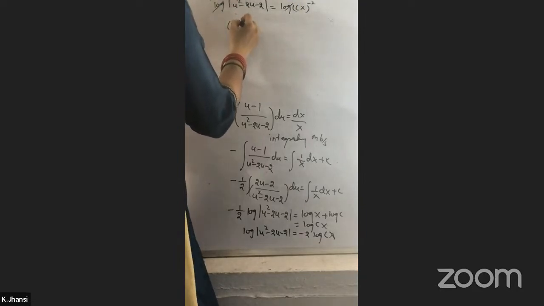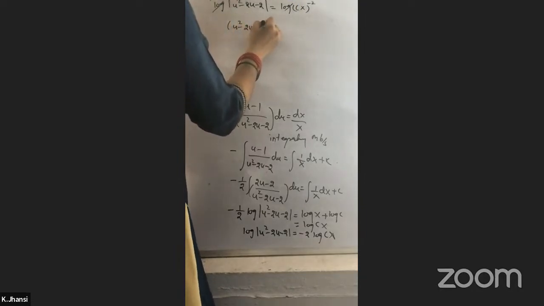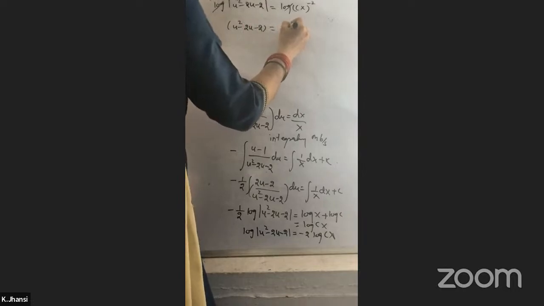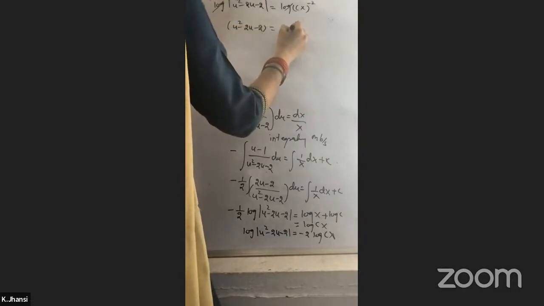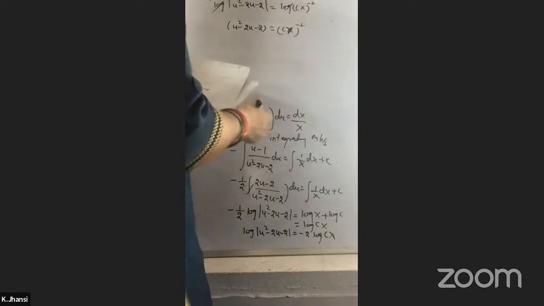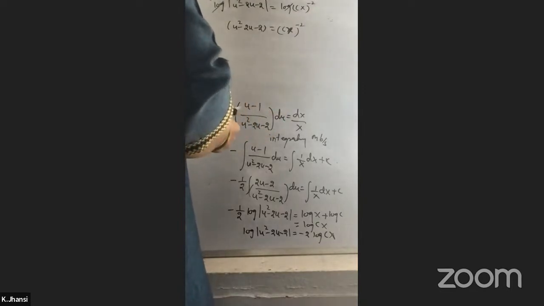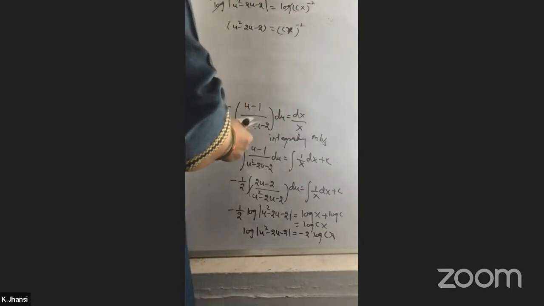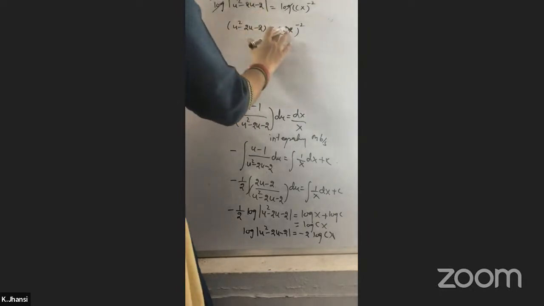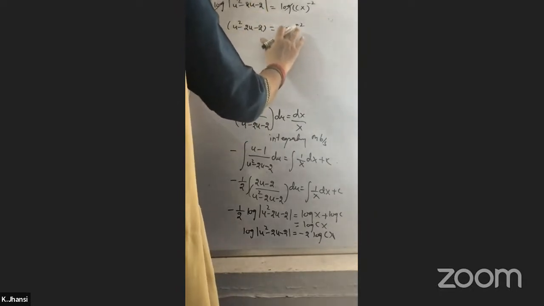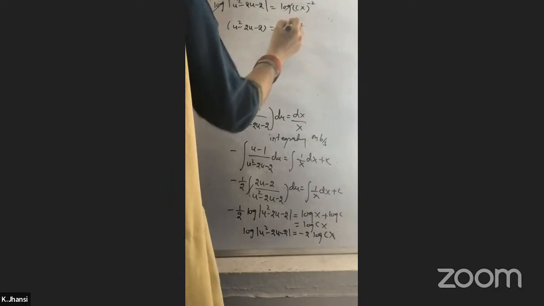It is u square minus 2u minus 2 is equals to C x to the power of minus 2. Constant term will not have the power, so only for x you write the power as C x to the power of minus 2.